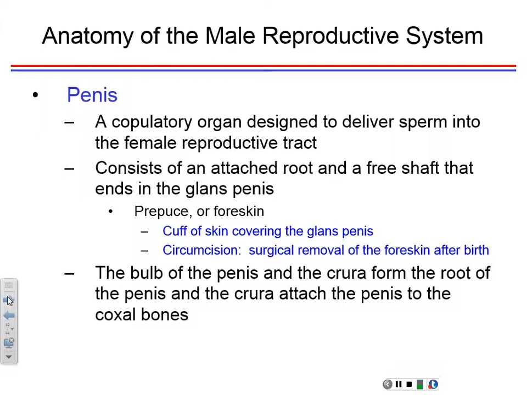Okay, the guys who are circumcised tend to have fewer HIV infections than the guys who are not. And the guys who are not circumcised tend to have local infections if they're not hygienic, if you don't clean it up. So that happens. And then sometimes penile cancer. But for the most part, it's mostly done for cultural and religious reasons. There's no physiological benefit to it.